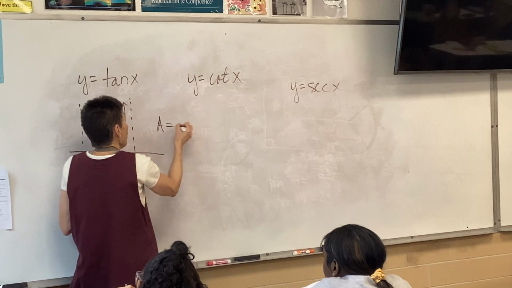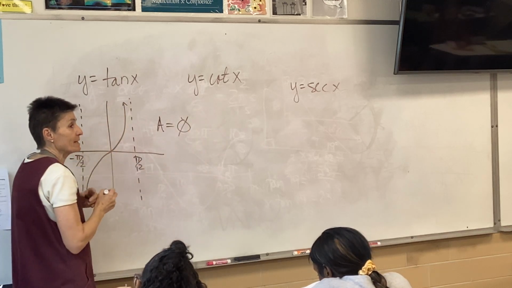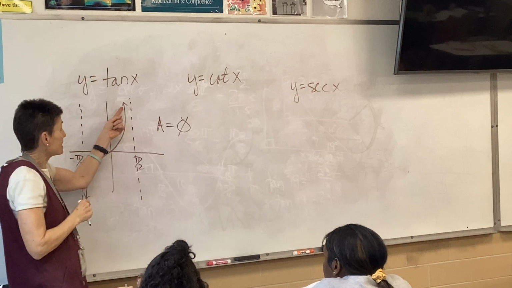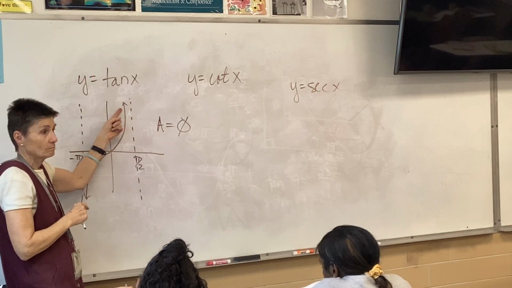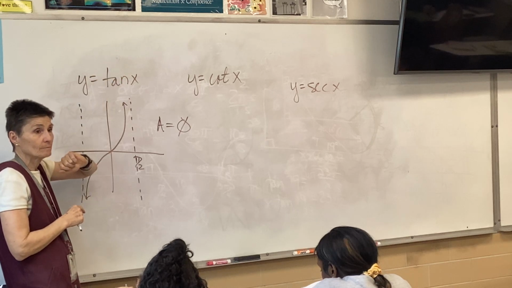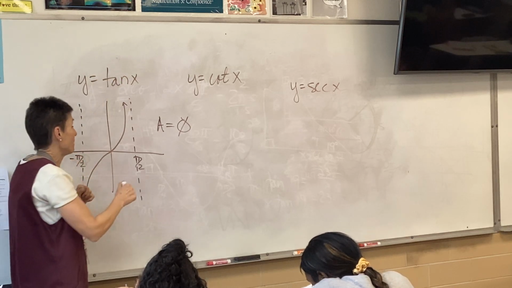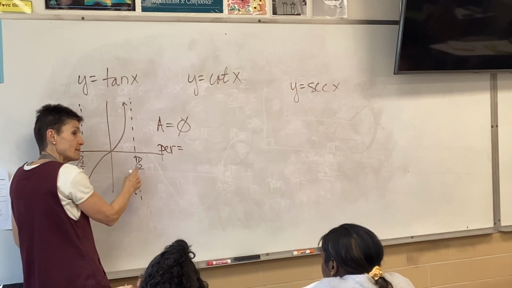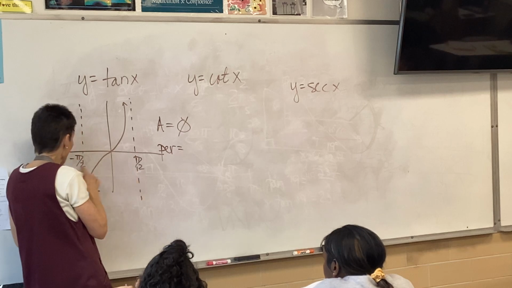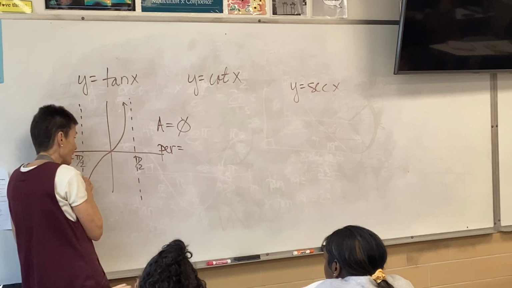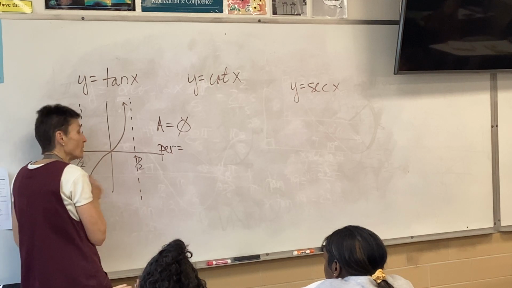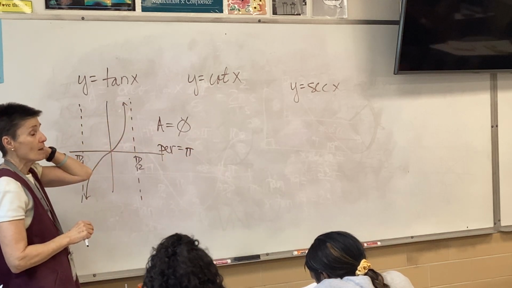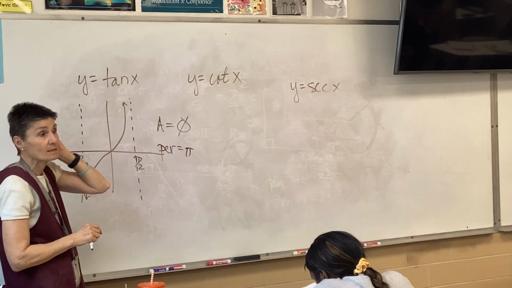There is no amplitude, because amplitude means height. See that arrow? Goes forever, up and down. The period is the distance from asymptote to asymptote. How far is it from negative a half pi to positive a half pi? 1 pi. Now that's different than the sine and cosine. Their period is 2 pi.